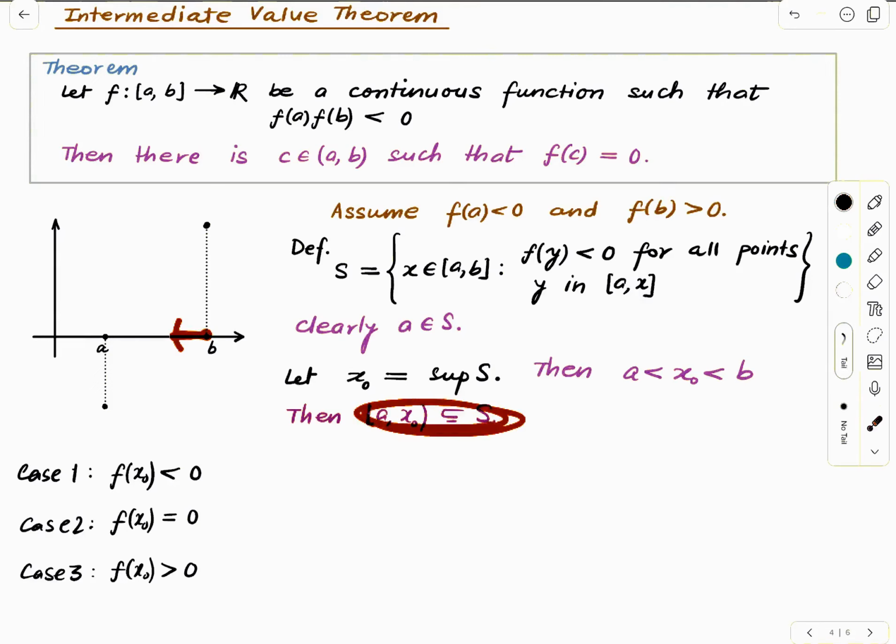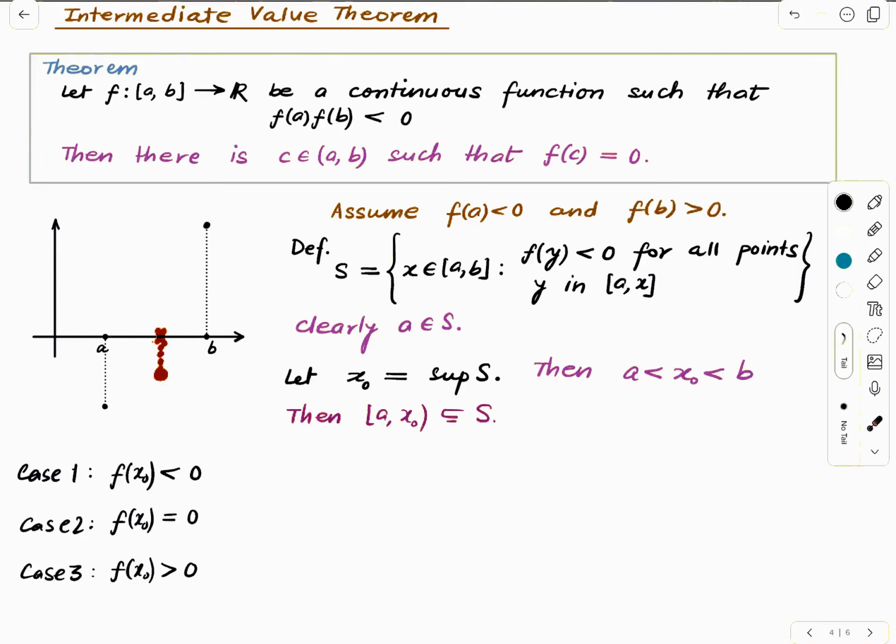Since f takes positive value at B, it takes positive value in an entire neighborhood around B, and hence no point there can lie here, and that would contradict this deduction. So x0 is strictly less than B. You could have justified that immediately. All right, so now this is the first case, that f of x0 is less than 0. So x0 is somewhere here, let's say, and the value there is less than 0.